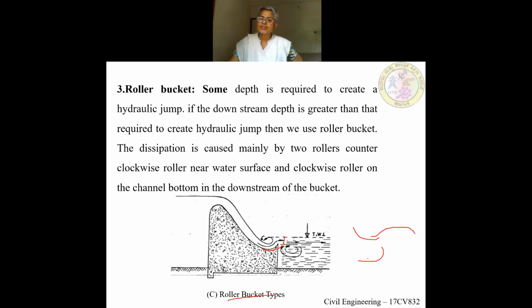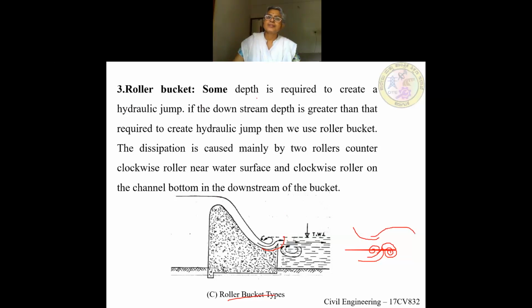When the shape of the bucket is like this, the water will turbulate in this direction, that is in anti-clockwise direction, and again it flows out and again it will turn in clockwise direction like this. So therefore it is called a roller bucket.